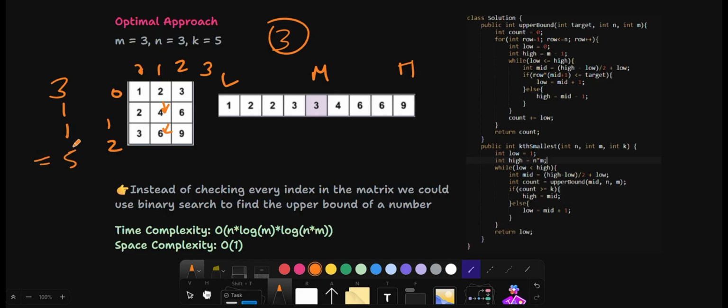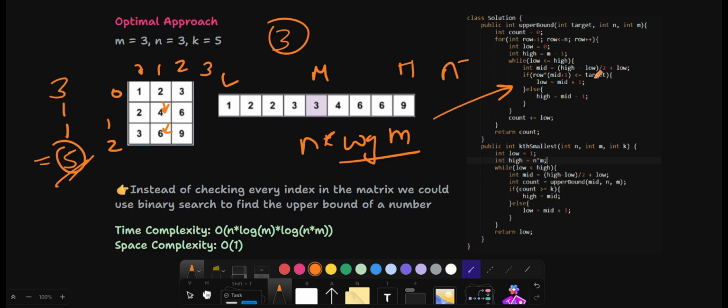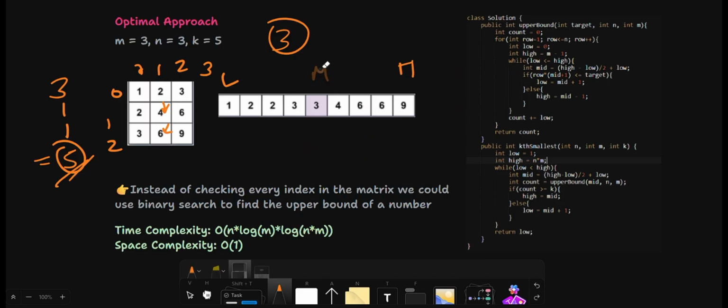So like this, we are able to solve the problem of n cross m into n cross log m, as we are using binary search to do the same. We'll take one more m value. Suppose we are taking m value as 6.